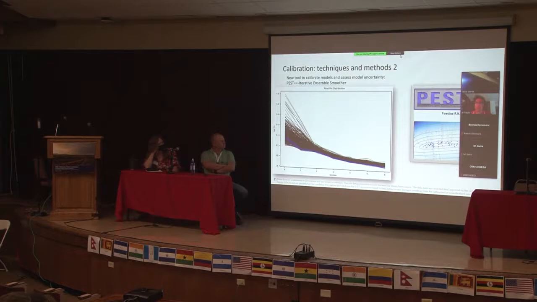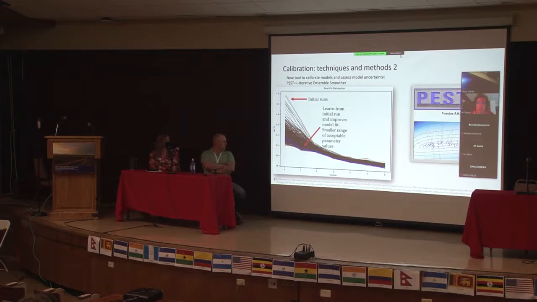So here's what IES looks like when you get some results. There's a bunch of black lines on here, and the x-axis is the iterations. If you're familiar with Pest, it makes parameter upgrades, goes through another iteration, learns from the measured data, makes more parameter upgrades, and continues on. The y-axis is the fit to that measured data. The objective function is called phi in Pest, or PESTPP. You start out with initial runs here. There are 500 black lines and 500 different combinations of parameters.